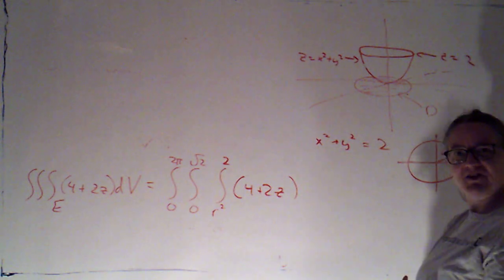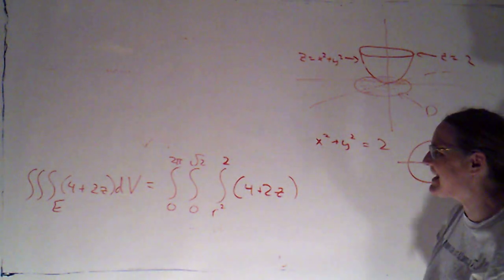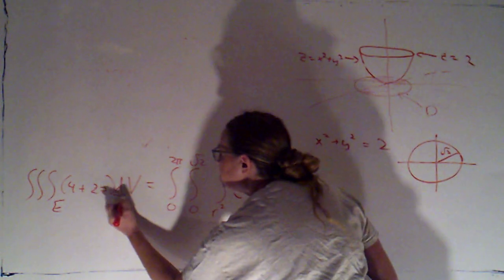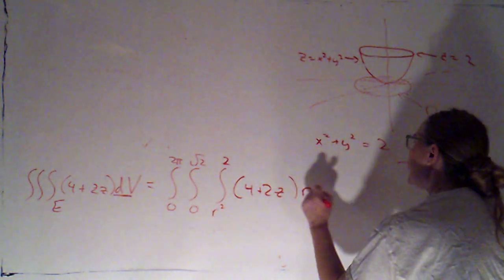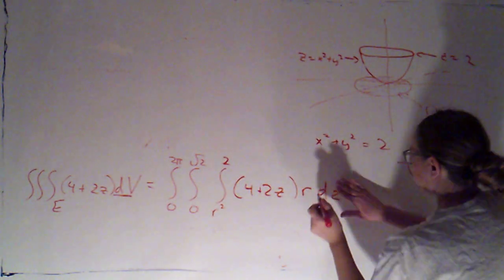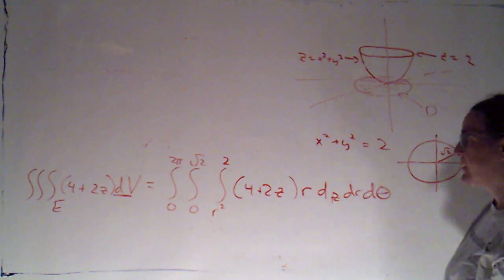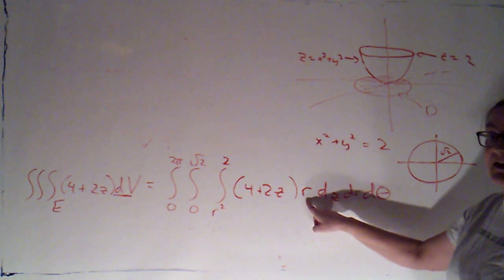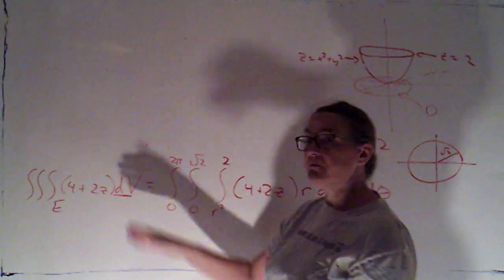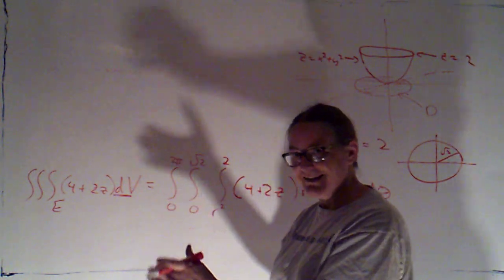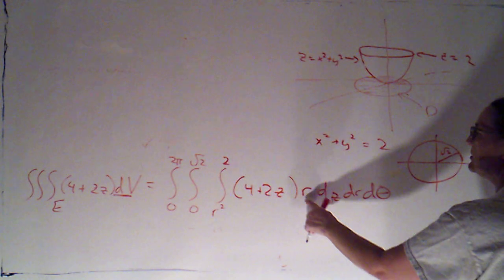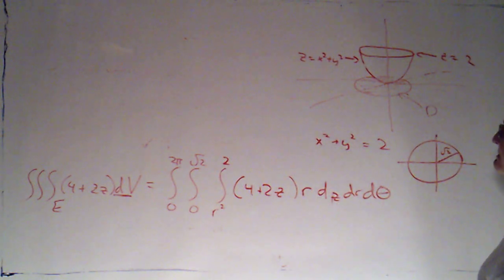X's and y's would have to change to r's and thetas, but z stays as z. And then dv, remember, is going to be r dz dr d theta. We get that extra scaling factor of r. dv would just be dz dy dx, but when I switch to cylindrical, I get that extra factor of r.